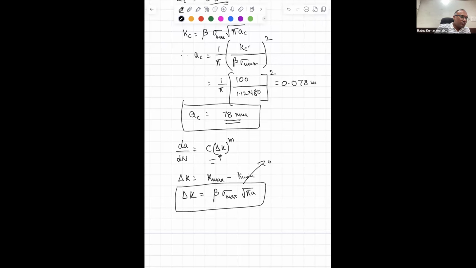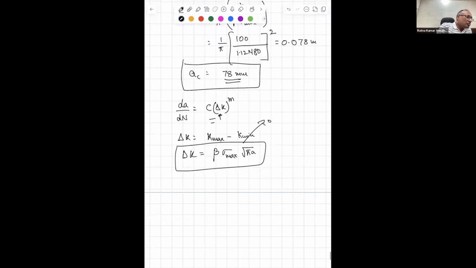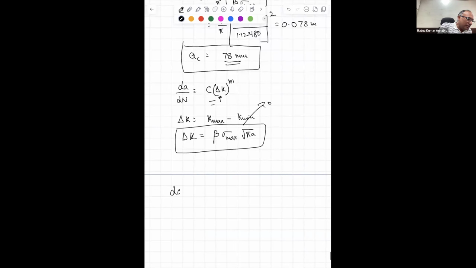So I can write dA by dN is equal to C times beta sigma max root pi a whole to the power m.